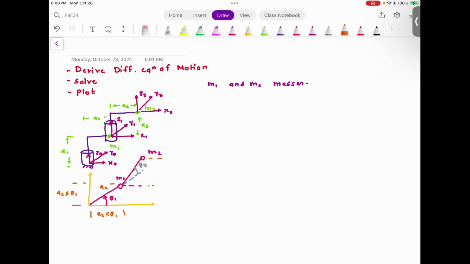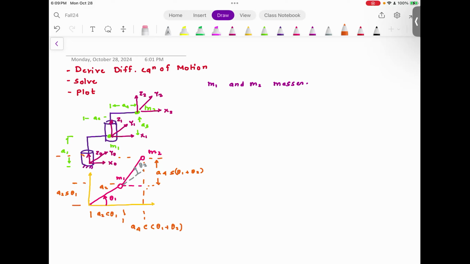Then this distance is A4 sine (θ1 plus θ2). And this distance that we showed over here, which is, if I were to draw over here, this is A4 cosine (θ1 plus θ2).